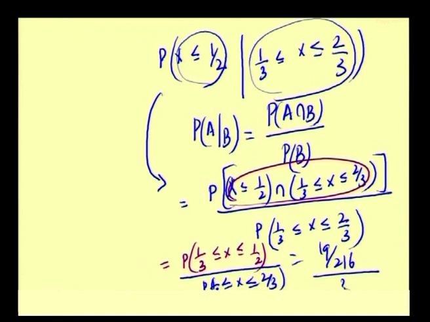Going back to the slides, you got the numerator answer as 19 by 216 and the denominator answer just now as 7 by 27. So it is substituted as 7 by 27.